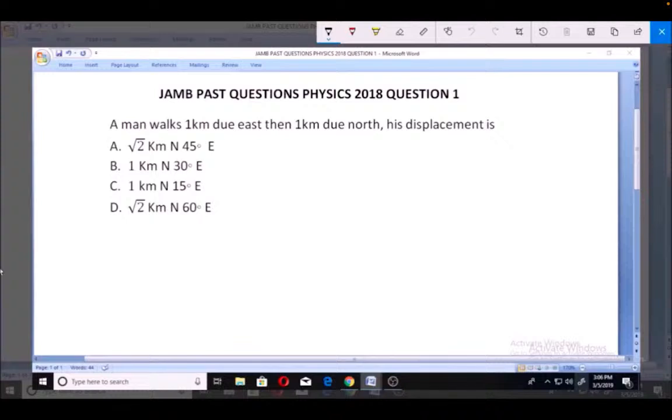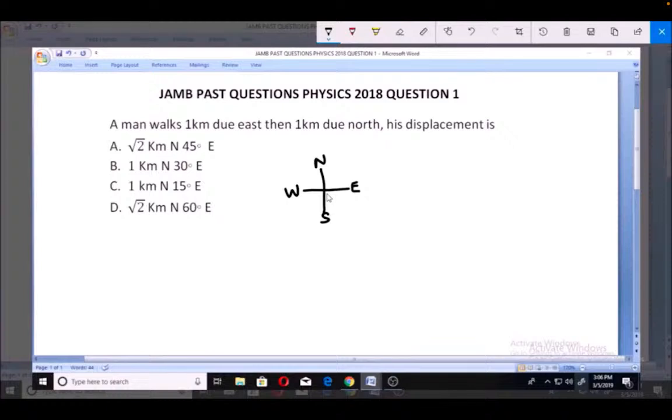Now, for us to be able to solve this, we need to first of all identify where the man is walking from. Because from the question we have a man walks 1 kilometer due east. So if we have this as the reference point, where this is north, this is west, this is east, and this is south.